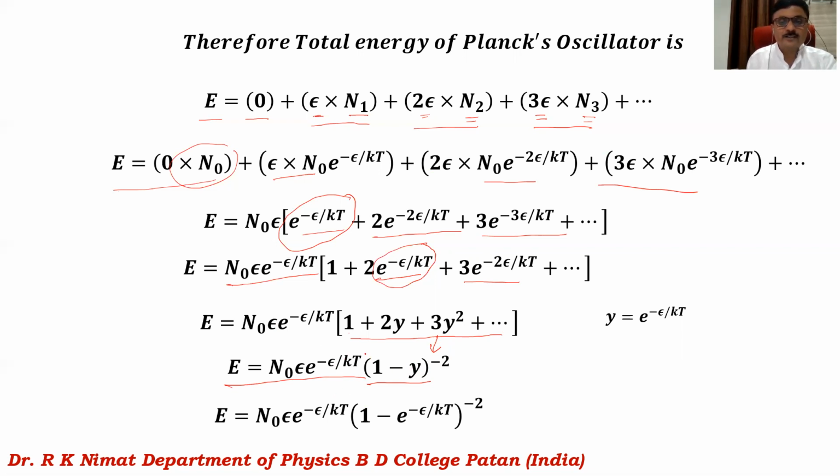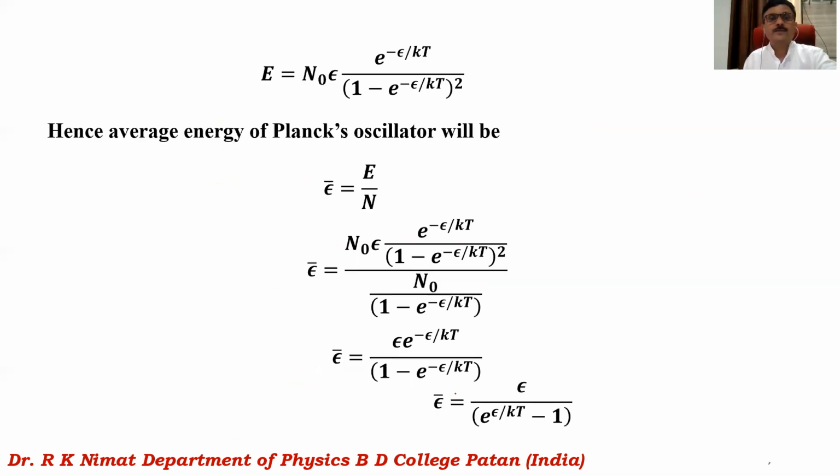Or we can write this using the value of y as E = n0 ε e^(-ε/kT) [1 - e^(-ε/kT)]^(-2). After simplifying, you will get the total energy of all oscillators as E = n0 ε e^(-ε/kT) / [1 - e^(-ε/kT)]².